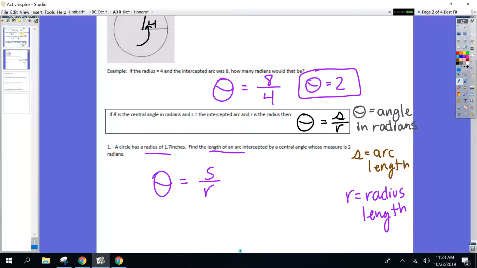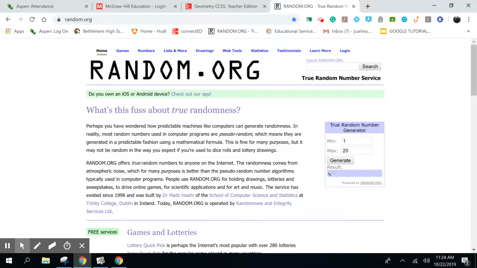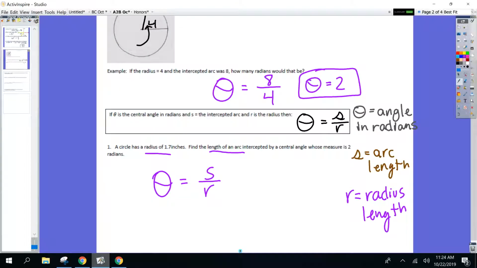What's my theta value now? The angle measure. What is the angle measure in this problem? 2 radians. So I'm just going to put 2 equals. Good job. And what does the 1.7 inches represent?